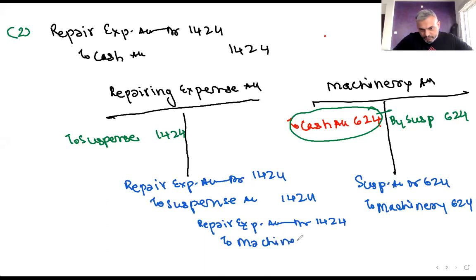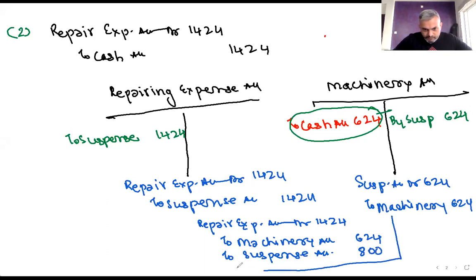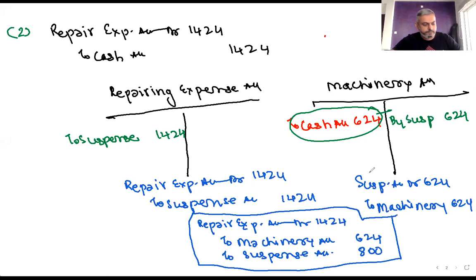So first I write to machinery account 624 and to suspense account 800. So this is our rectifying entry. Do the working and write in fair.